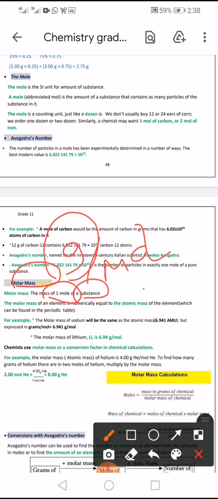The molar mass of an element is numerically equal to the atomic mass of the element, which can be found in the periodic table. For example, the molar mass of sodium will be the same as its atomic mass, but expressed in gram per mole.